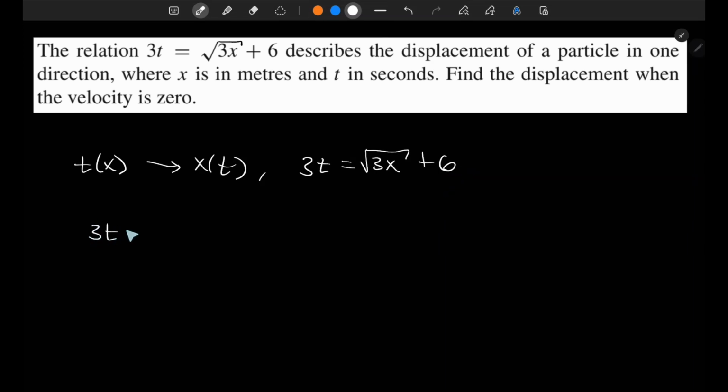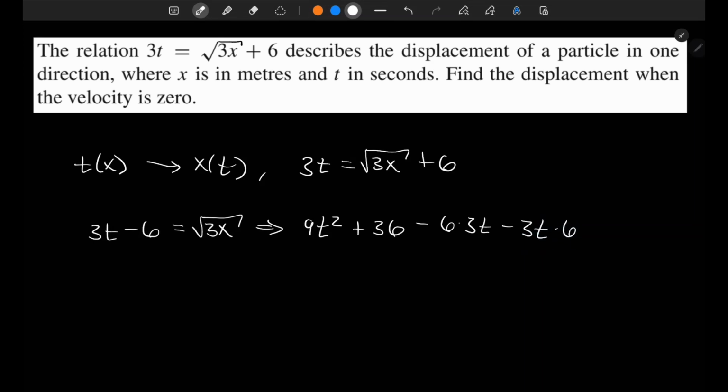So we get 3t minus 6 is equal to the square root of 3x. Then we can square both sides. The right-hand side becomes 3x, and if we square the left-hand side, we get 9t squared, this term squared plus this term squared, so plus 36, which is 6 squared, minus 6 times 3t minus 3t times 6.